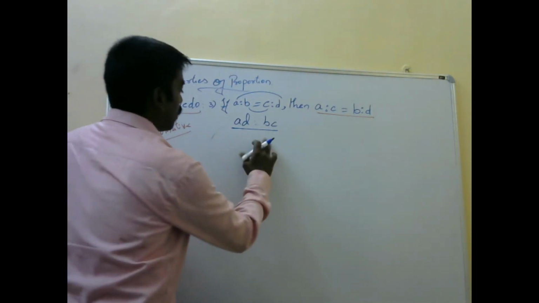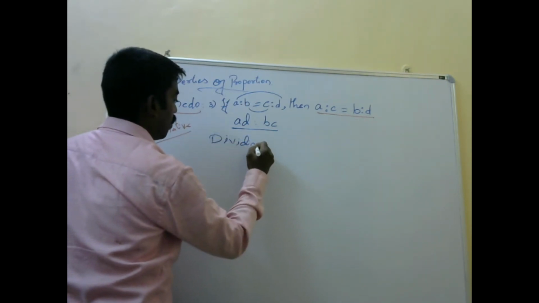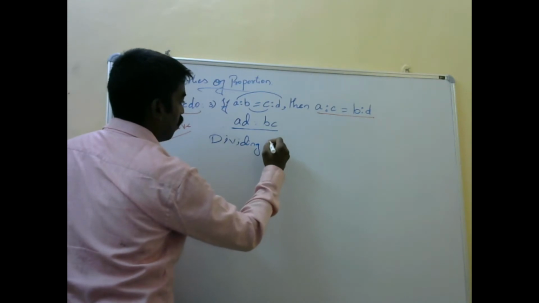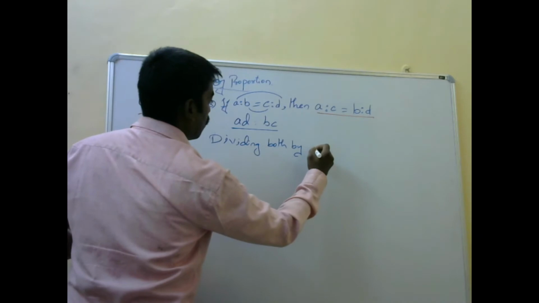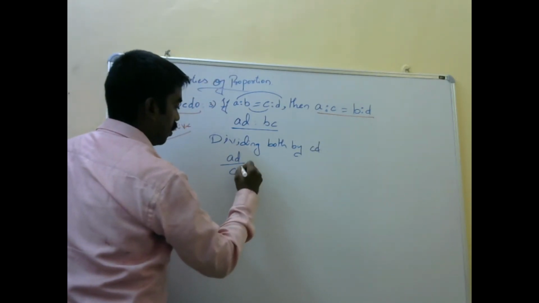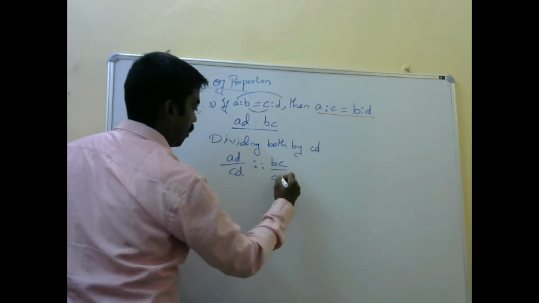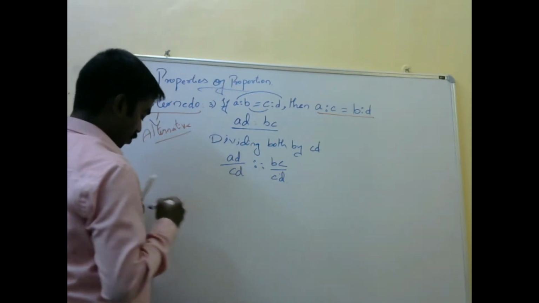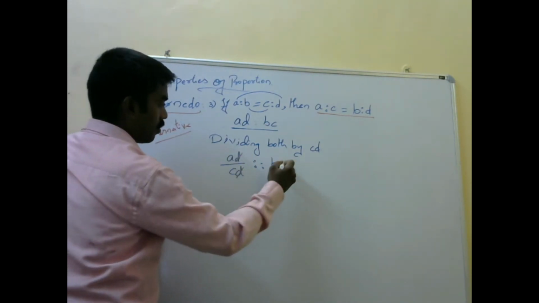By dividing this both by CD, AD divided by CD, BC divided by CD. What will go? DD goes off, CC goes off.